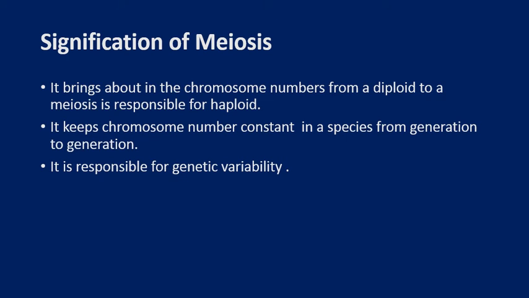And the other thing is, it is responsible for genetic variability, meaning variation comes. Like if one parent has green eyes and the other parent, or mother, has brown eyes, it means variation comes into their offspring.